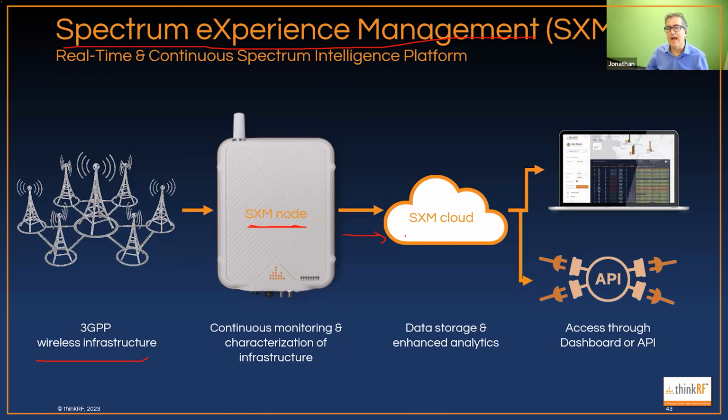Information goes up to the SXM cloud. The information from that node and all the other nodes out there in the field, might be tens, hundreds, or thousands, is continuously uploaded into the cloud.